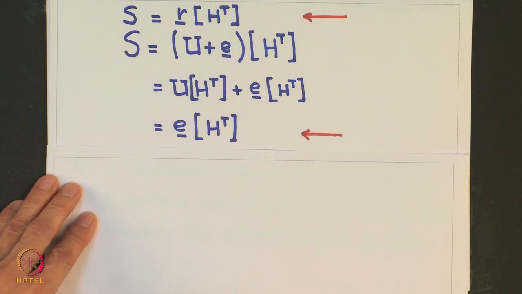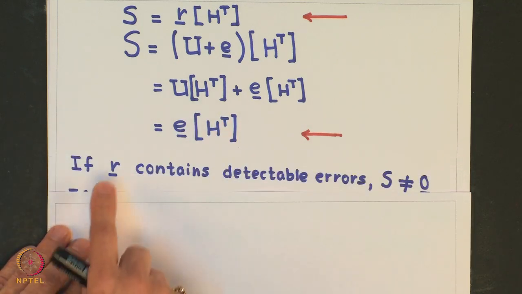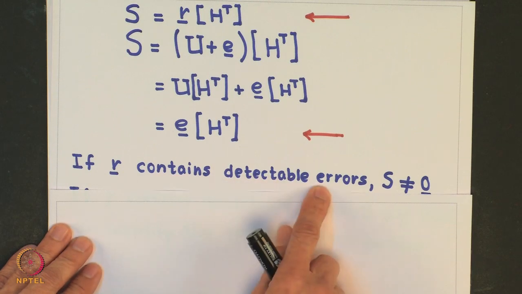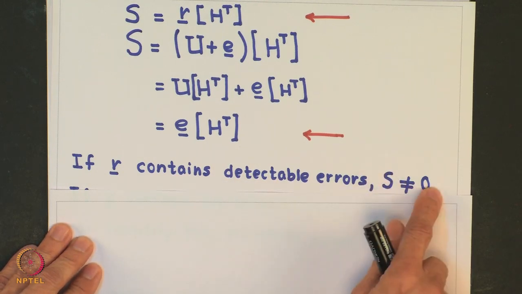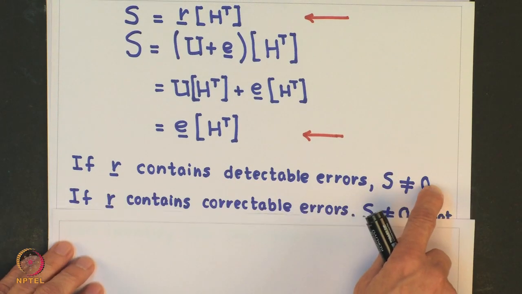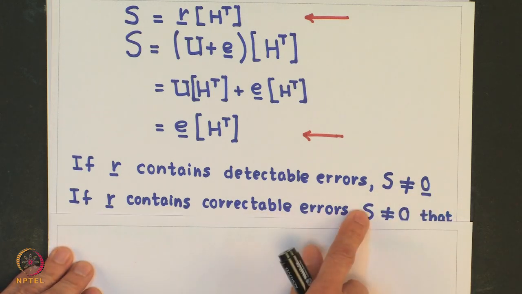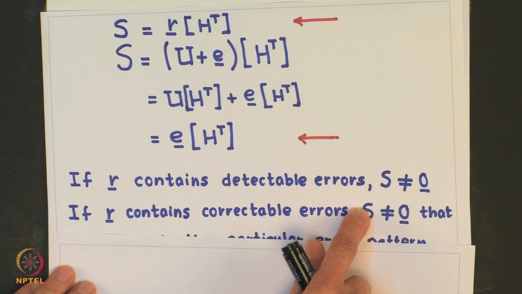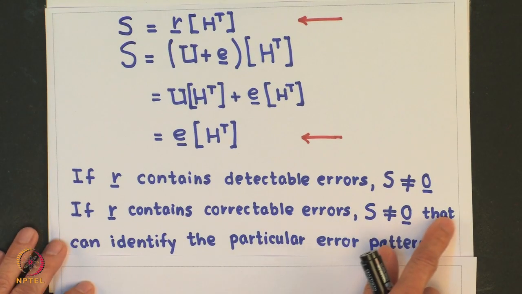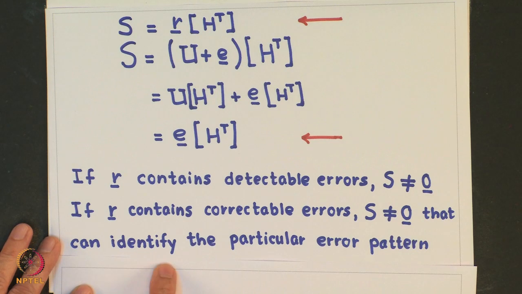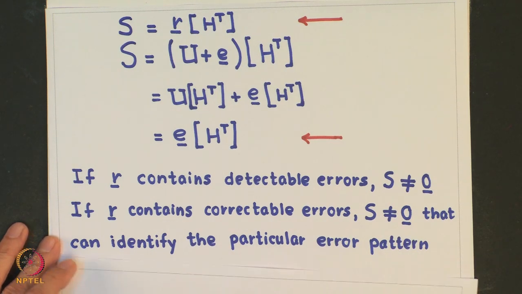So, if R contains detectable errors, then the syndrome will be non-zero, and if R contains correctable errors, then also the syndrome will be non-zero, but in this case we can identify the particular error pattern. This will become very clear as we proceed ahead.